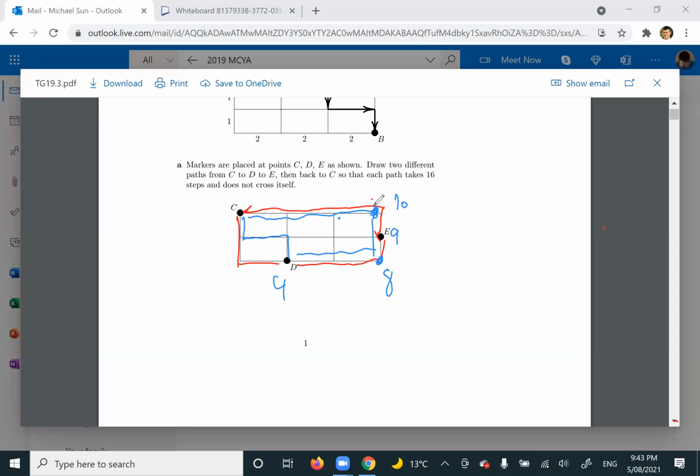And then 12. 14. Wait, what? It's actually 16? Yeah, it's actually 16, huh? Do you know why? Why? Can you think of an easy way to explain that?